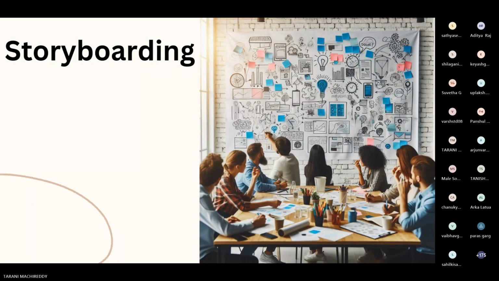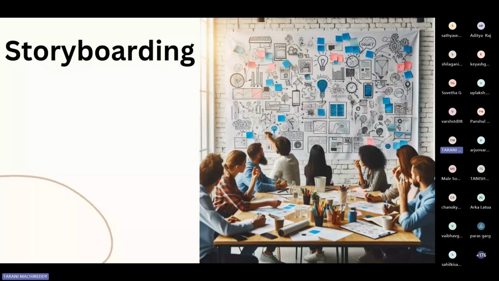Whatever idea we have, we represent it visually in a sequential manner. It may contain illustrations or images displayed in sequence, typically accompanied by notes or descriptions. Storyboarding helps in organizing thoughts and planning out scenes step by step. As I told, it is mostly used in film and animation, for planning out scenes step by step.